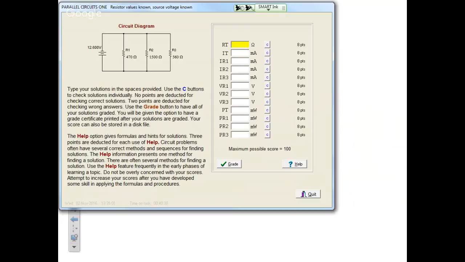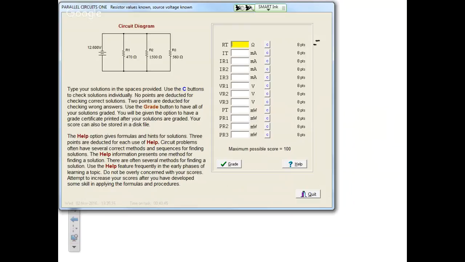How are we going to calculate RT right here? What's our formula? One over, for parallel resistance, or receptacle resistance.